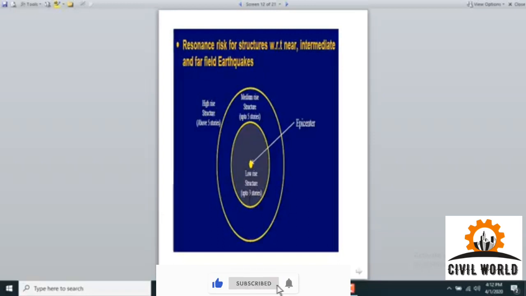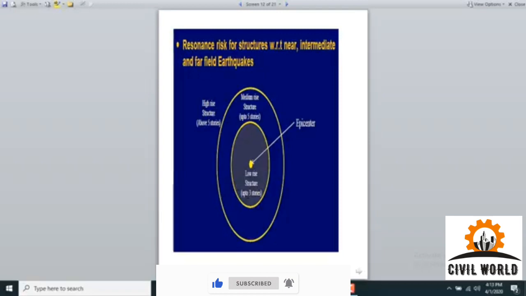It means structures can be built in this area as well, but they should be low-rise structures, and the recommendable number of stories is 1 story, 2 story, or at the maximum 3 story.